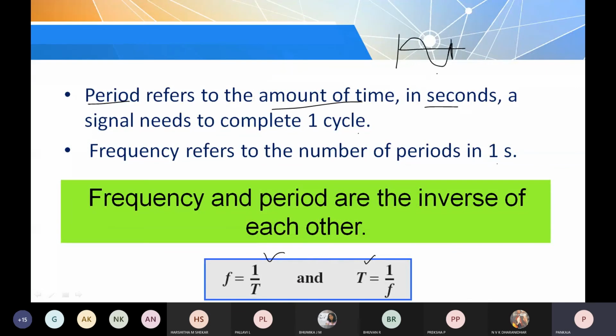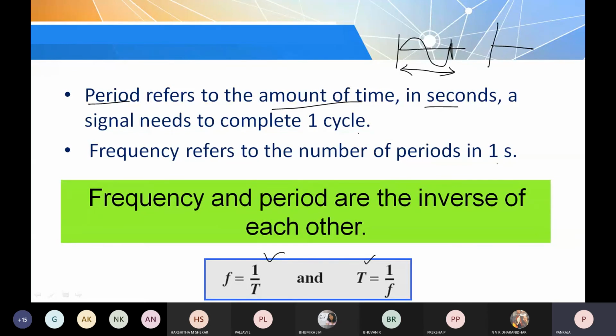Is it clear now? Period means how much time it requires to complete one cycle. Frequency means how many periods are covered in 1 second.